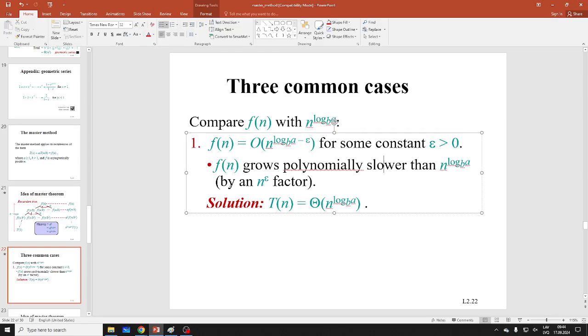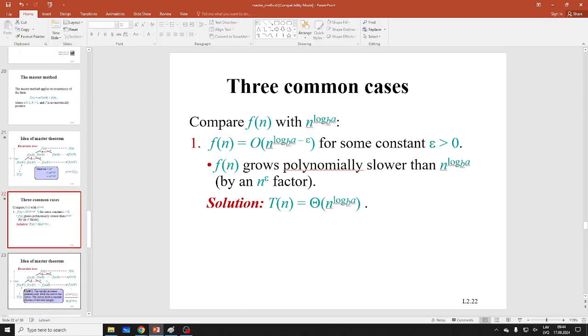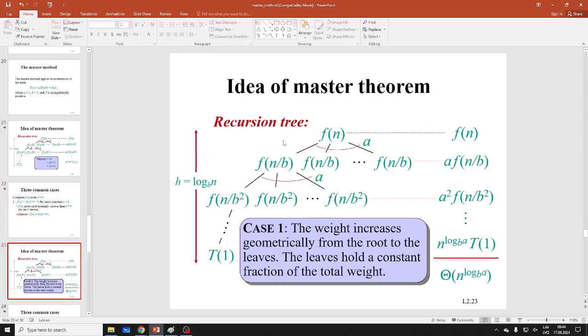This means that the function is not important. It's the trees which are important. We have not seen this case yet, and we don't have an example. Basically, the weight increases geometrically, so this part turns out not to be important. The increase in operations is more important.